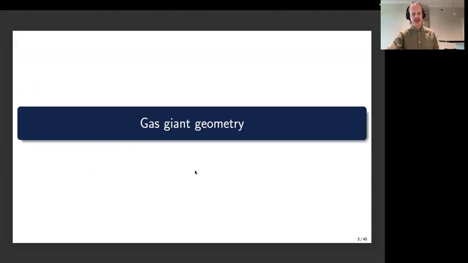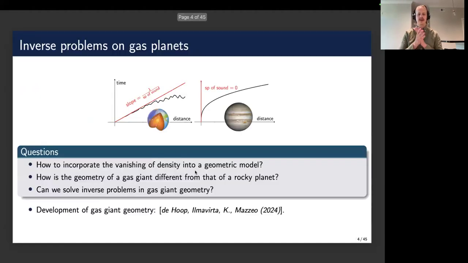So gas giant geometry. From our perspective, we want to model wave propagation on gas giant planets rather than rocky planets. And what is the basic first thing that you realize is the difference between the two?